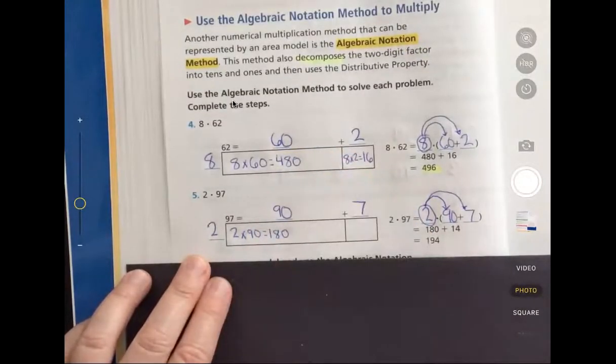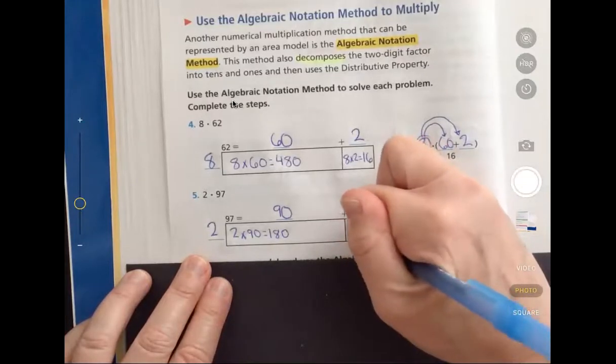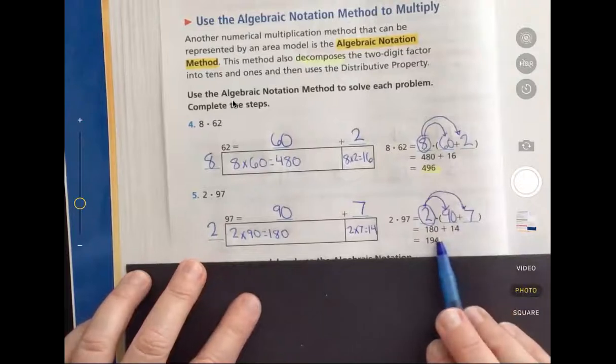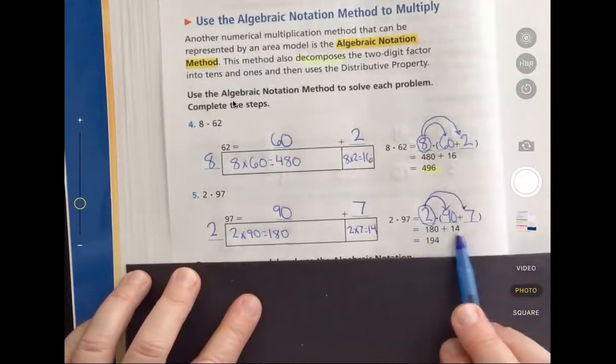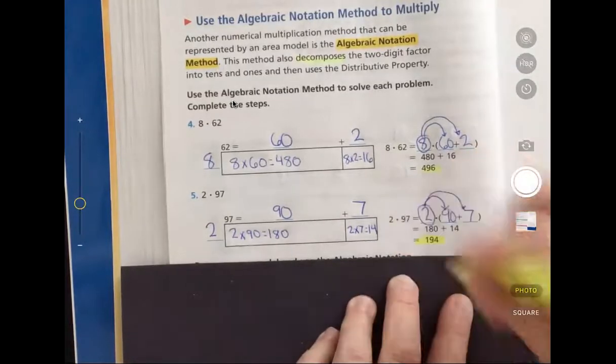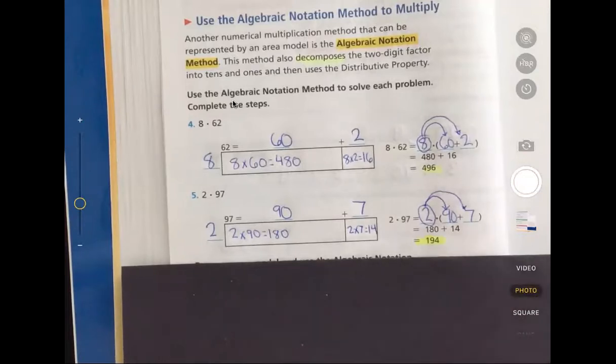Put my 0 on, and my second section, 2 times 7 equals 14. So you can see that's been done for you. This is just distributing. It's making its 2 partial products and a final product, which is 194. Okay. I hope that gave you a couple more examples.